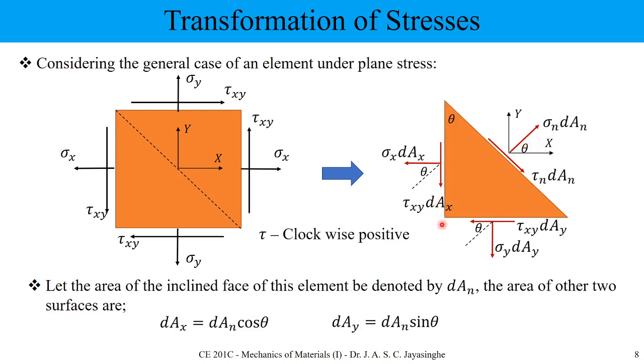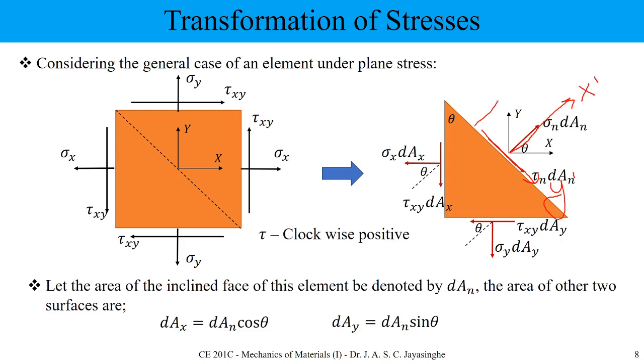Now I'm going to take equilibrium in two directions. Not x and y, but the different axes: this is my x dash and this is my y dash. So I am going to take equilibrium along these two axes.